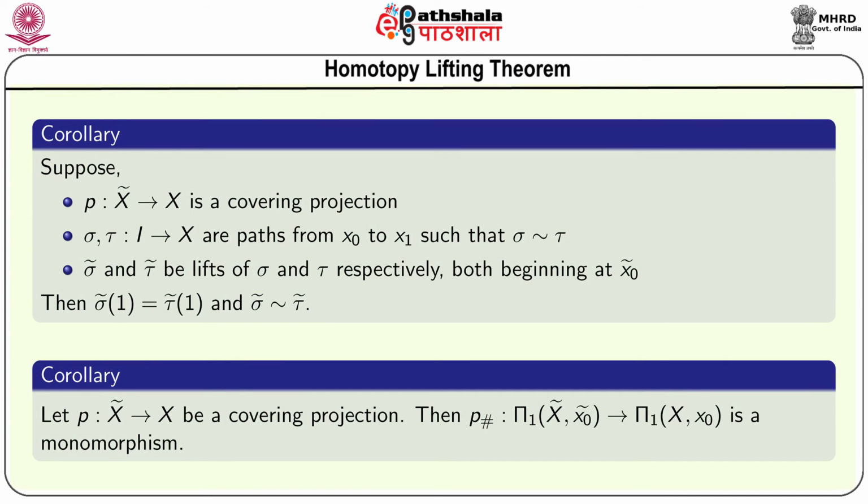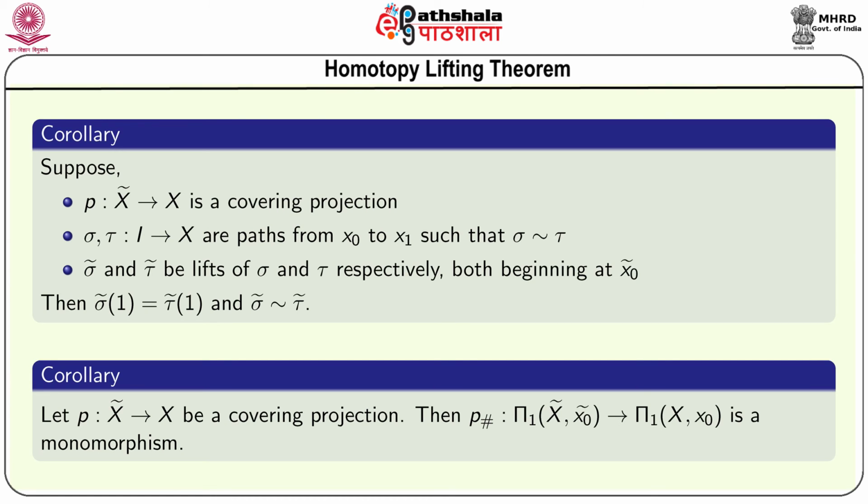Now, we have the corollary of the homotopy lifting property, that suppose we start with a covering projection P, sigma and tau are paths from x0 to x1 such that sigma is path homotopic to tau, sigma tilde and tau tilde are lifts of sigma and tau respectively, both beginning at x0 tilde.